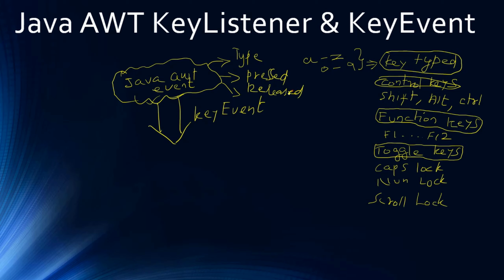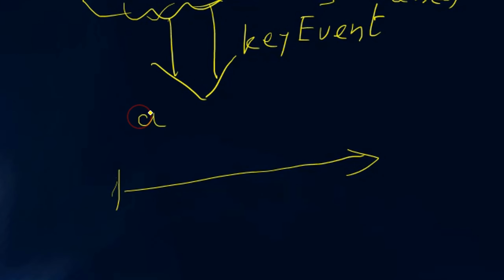So all this time the Java AWT event system will send this key event. You can type, press a key, or release a key. Once again, let's look at the timing. Let's say you type the keystroke A and hold down that key, and then after some point in time you release it. Let's say you released the key immediately.